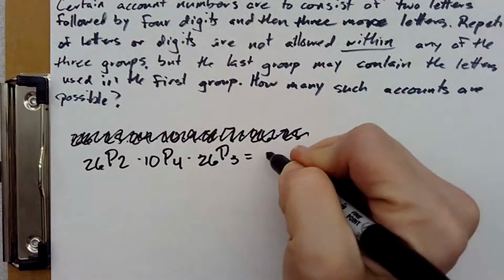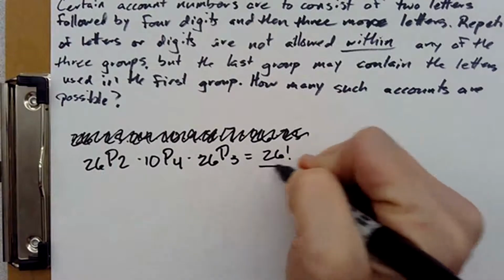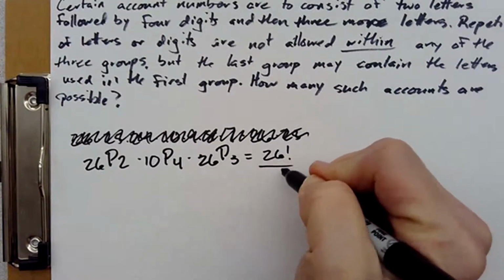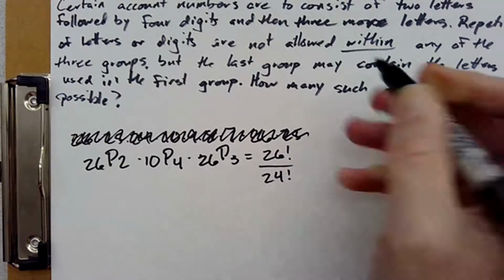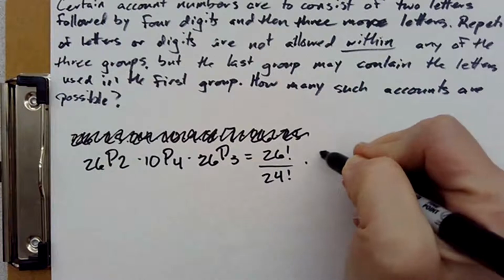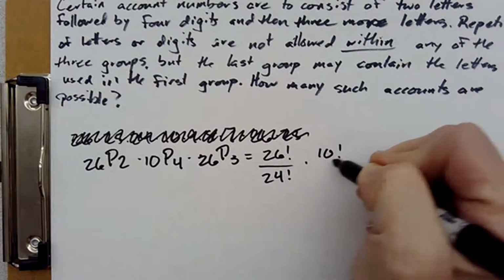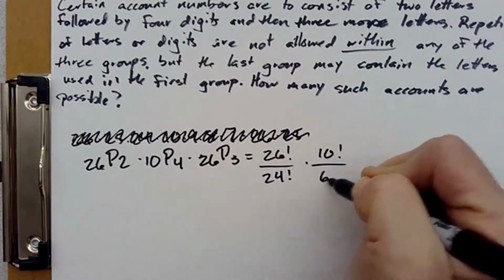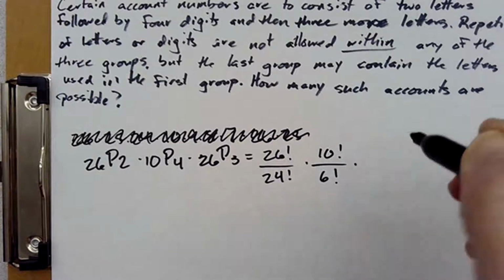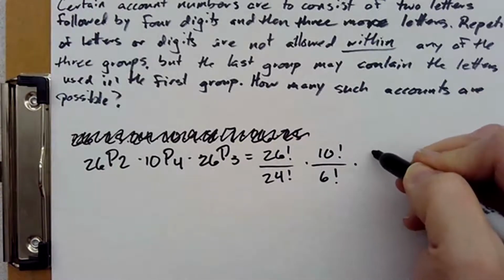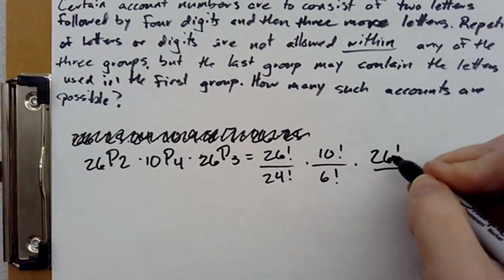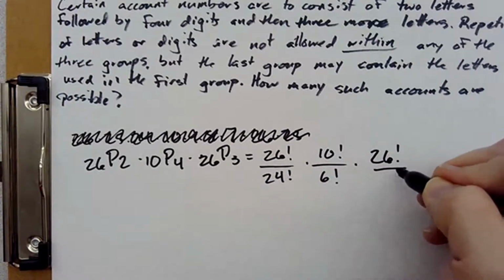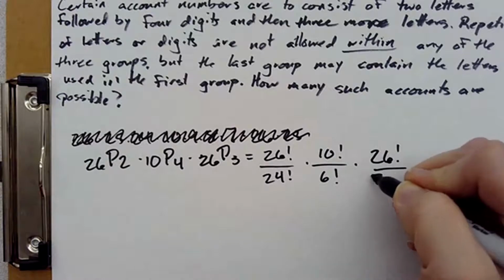This becomes 26 factorial over 26 minus 2 is 24 factorial times 10 factorial over 10 minus 4 is 6 factorial times 26 factorial over 26 minus 3 is 23 factorial.